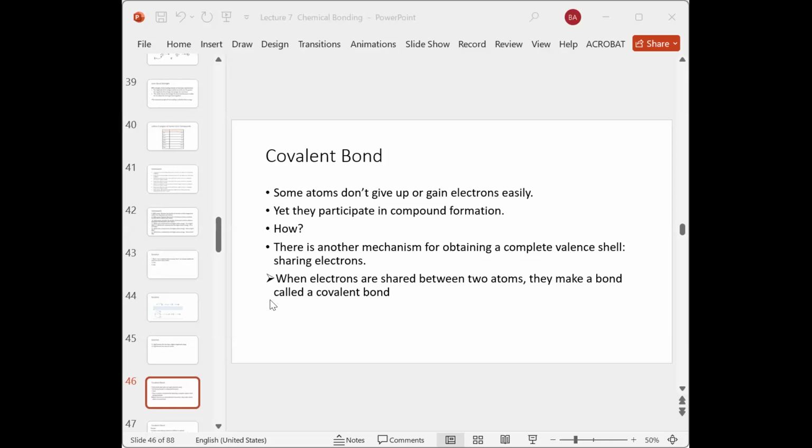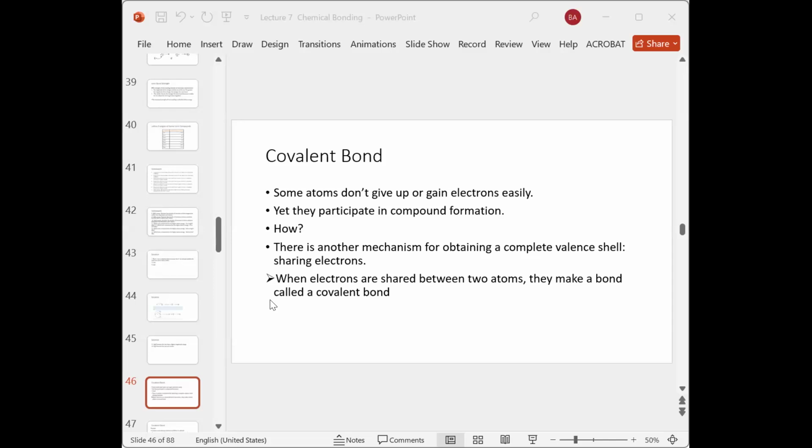But this morning, the last time we were doing ionic bonding. So today we'll continue from the bonding that we ended last time. We'll tackle the covalent bond.